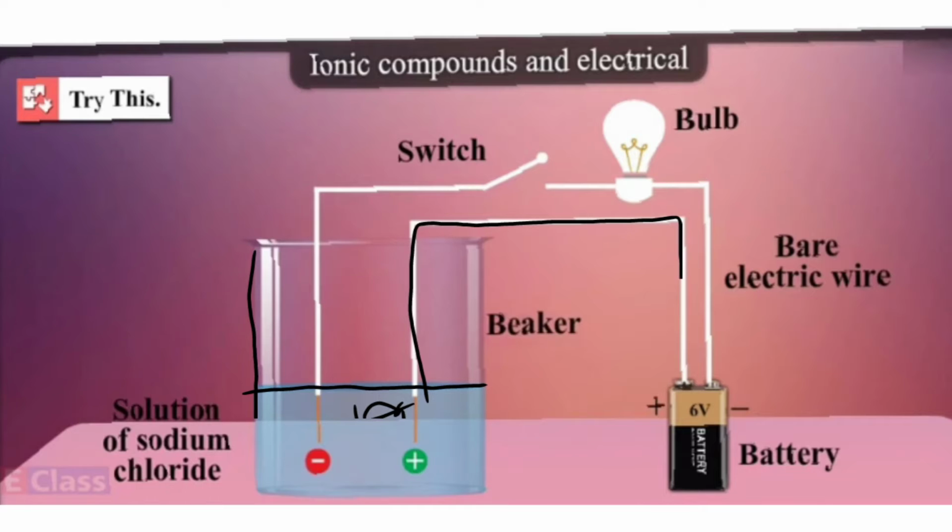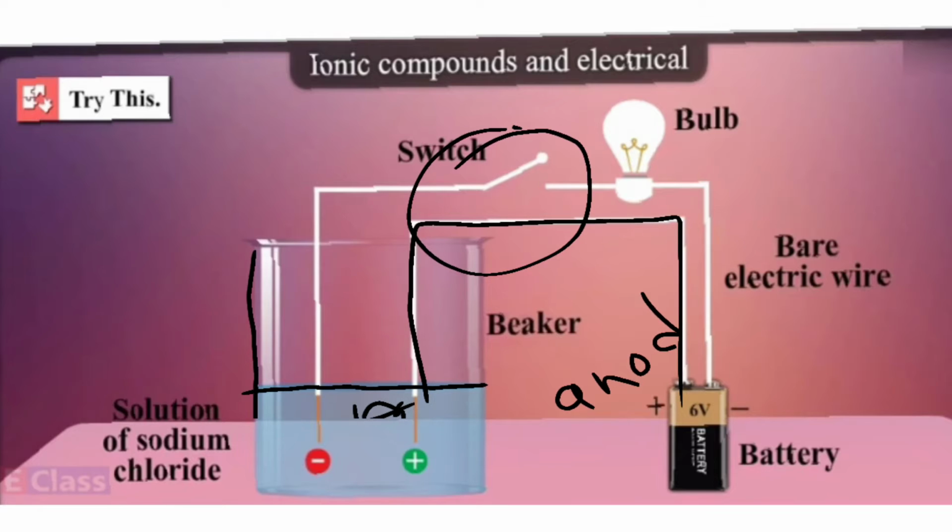See, this is connected to the positive terminal, so it is called the anode, and this is the negative terminal which is called the cathode. What is this part here? Yes, it is a switch, and it is open.